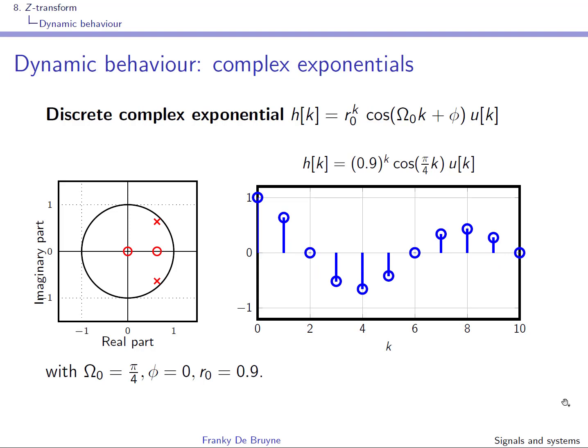In this example, the discrete frequency will remain at pi over 4, but the radius r0, which is now 0.9, is going to decrease. So this is going to dampen the impulse response because you're getting closer and closer to the origin, and this r0 taken to the power k is going faster to 0. 0.8, 0.7, 0.6, 0.5, 0.4, 0.3, 0.2 and 0.1.